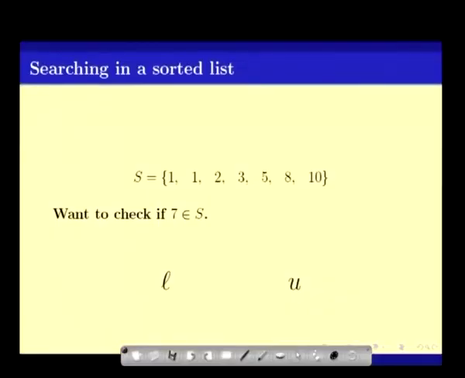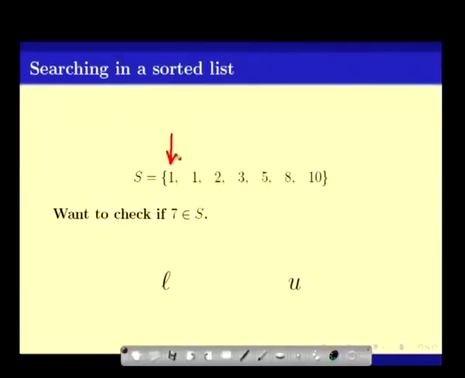We start with keeping two registers L and U. L will indicate the lower index. Anything whose index is between L and U can be a possible place where x belongs, or in our case 7 belongs, and U in our case of course is 1, 2, 3, 4, 5, 6, 7, it is 7.